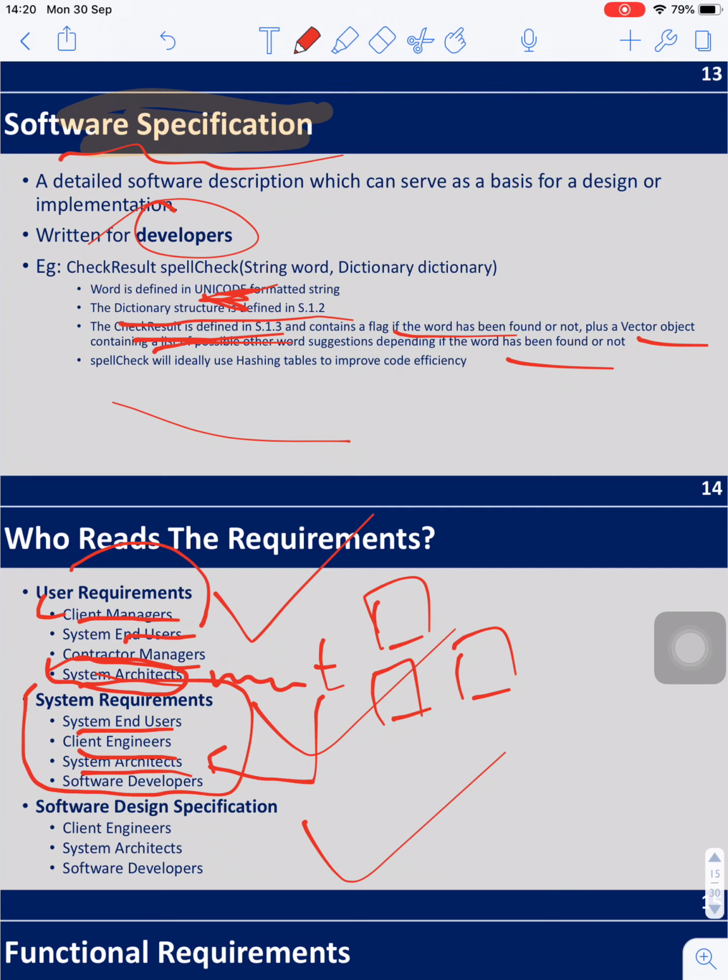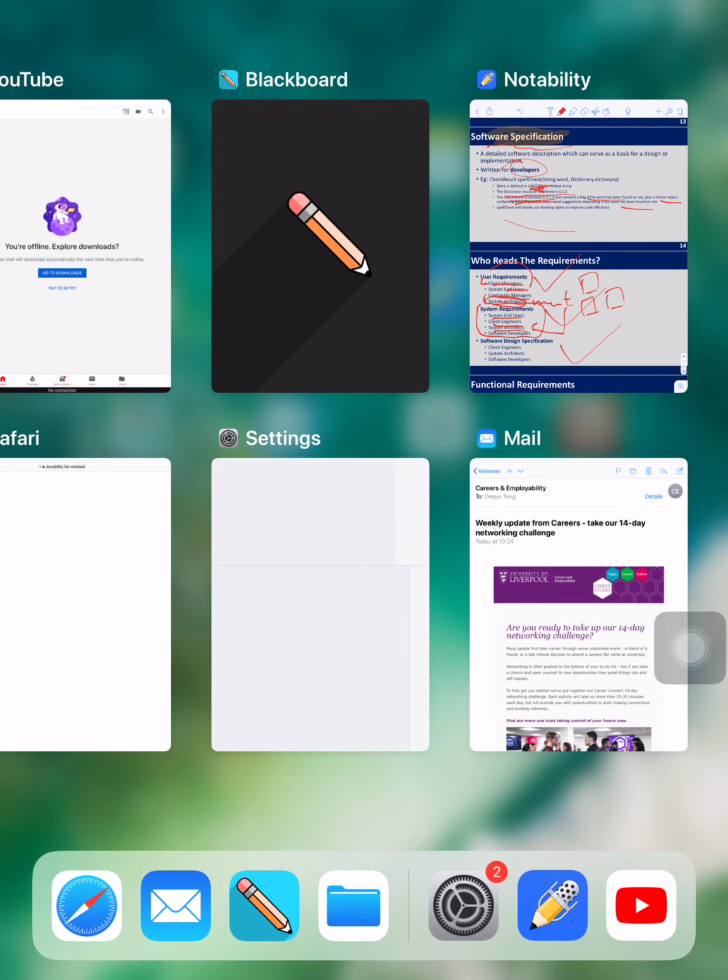So what is the system end users? System end users. System requirement. Yeah. I think it should be exposed to them, just like the client, the system end users. Is it the normal users?